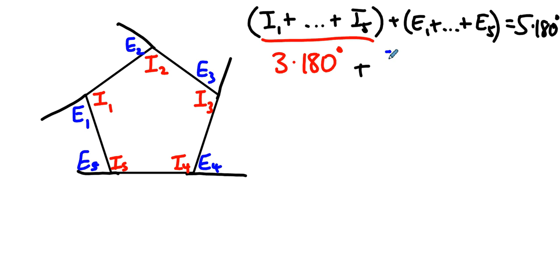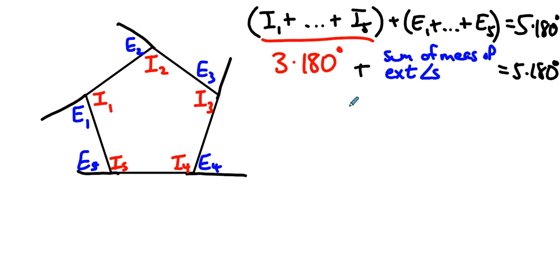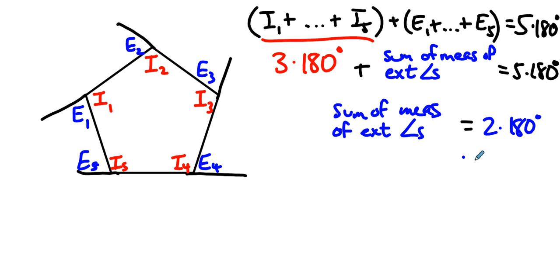And this is the sum of the measures of the exterior angles, and this is 5 times 180 degrees. So when we want the sum of the measures of the exterior angles, that's 5 times 180, minus 3 times 180, leaves you with 2 times 180, that's 360 degrees. So if you add up all of the measures of the exterior angles of a pentagon, you get 360 degrees.